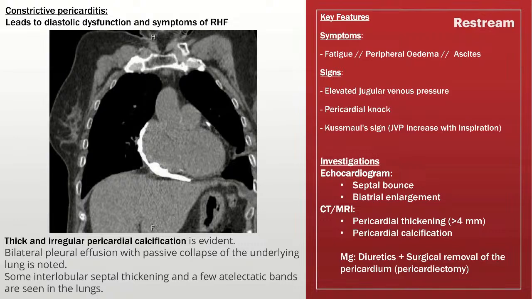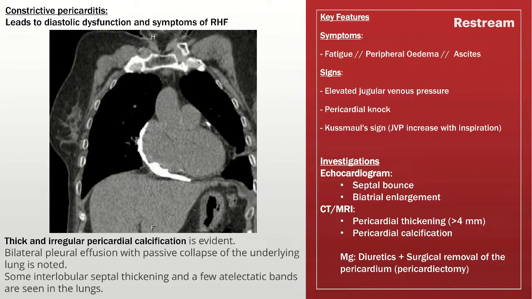So, he's actually showing signs of constrictive pericarditis. Okay, these lead to symptoms of right heart failure. Okay, this is quite a rare condition, but it is quite common in those who present with TB.